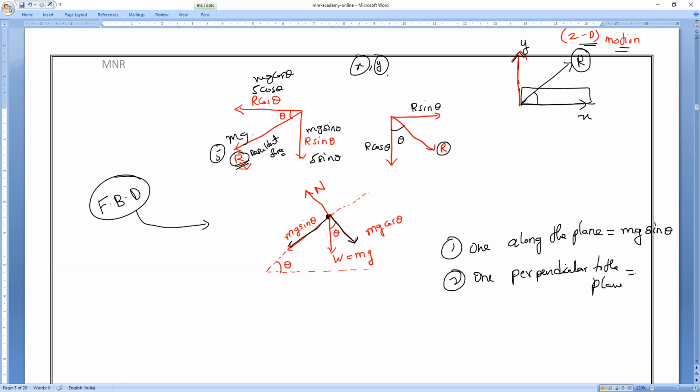It is equal to mg cos theta. One along the plane, one perpendicular to the plane. Now, from this, can you tell me what the formula for the normal reaction will be? Is N equal to mg or mg cos theta? mg cos theta. So the normal reaction is equal to mg cos theta.